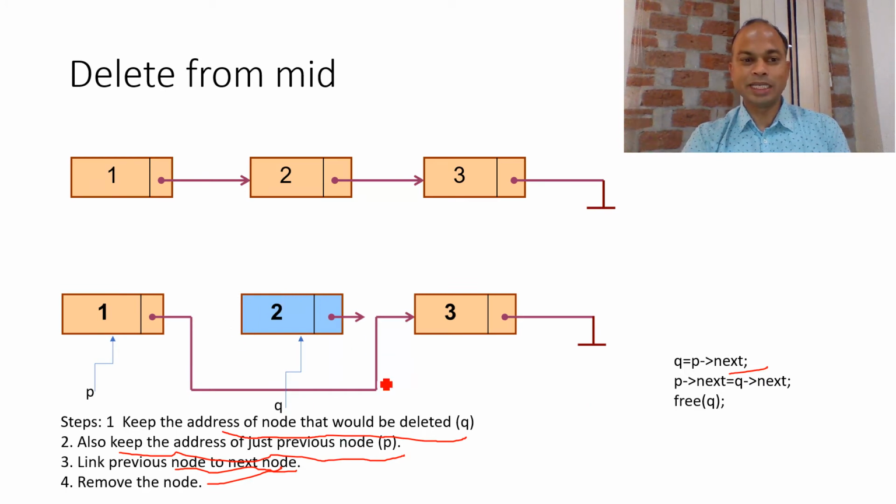We are performing p arrow next equals q arrow next, as q is pointing to the second node. The next part of the second node contains the address of the third node, and we are doing p arrow next equals q arrow next. So q arrow next means the address of the third node, and p arrow next means this location. So the first node is pointing to the third node using this line. After linking, we can do the delete operation. In this way, we can delete a node from mid.